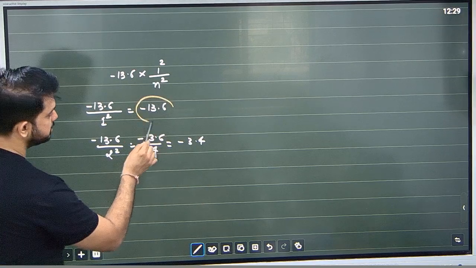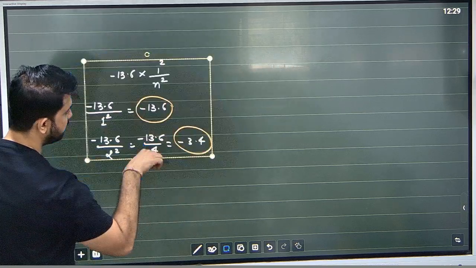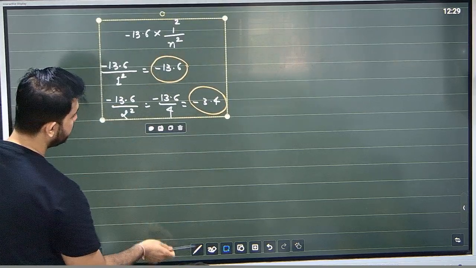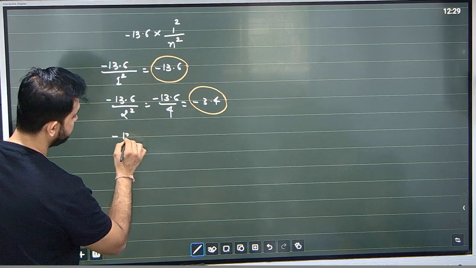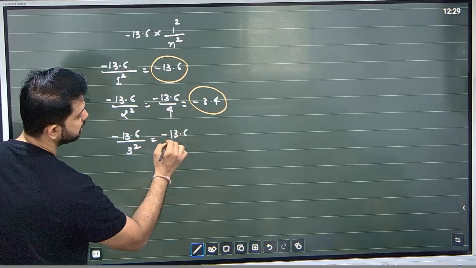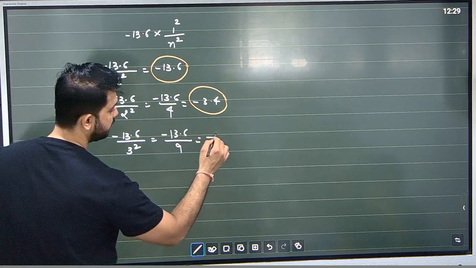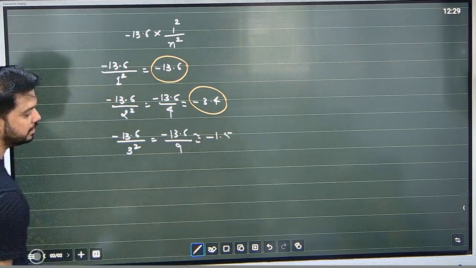What was the value first? Minus 13.6. Next value क्या है, people? Minus 3.4. Keep going ahead. If I put negative 13.6 upon 3 square, how much is 3 square? 9. So how much will that be? Negative 1.5, somewhere around that.